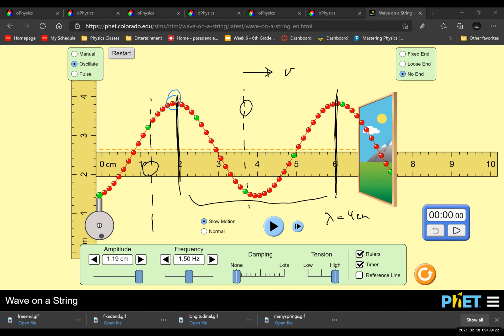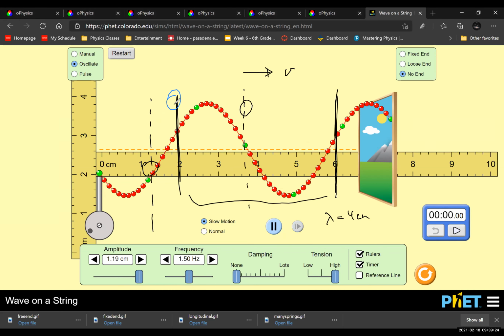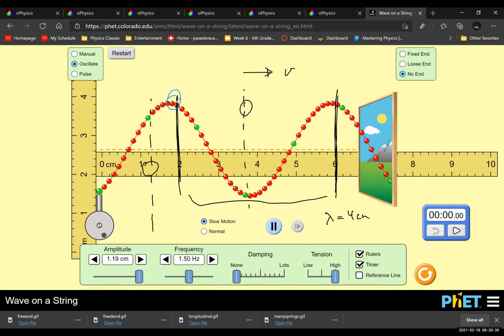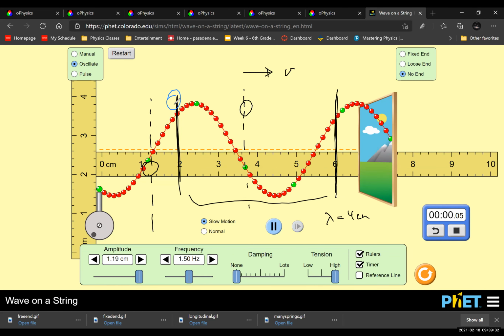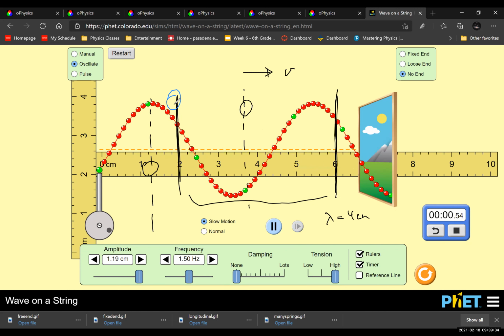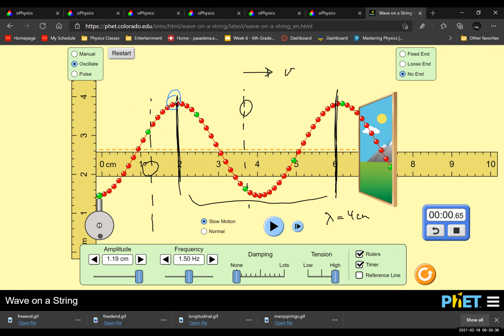So let's say if I do that... well, approximately, oh, I forgot to start the timer. So let's say if I start the timer, okay, so about 0.65 seconds. Then if I go, let's say, 0.04 meters divided by 0.65 seconds, then I can calculate the wave speed.